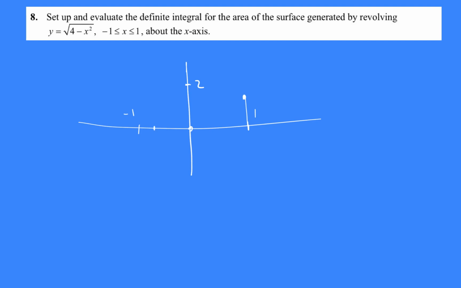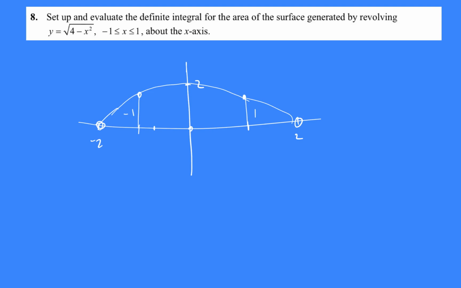And when it's minus 1, the value is the square root of 3. So the graph will do something like this. And when it's 2, it is 0. And when it's minus 2, it is 0. So it may look something like this graph, but we can use GeoGebra and graph it.